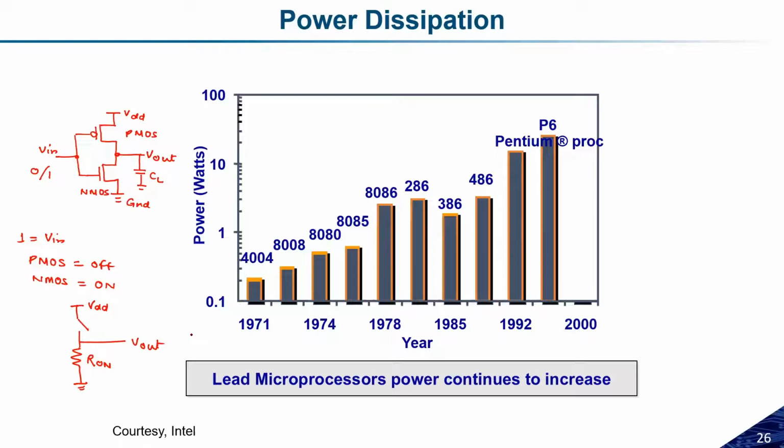Ideally we are expecting that this PMOS transistor will be in the off state or open state, and the NMOS transistor will be in the closed state, or there will be some path. And I'm assuming that there is no direct current flowing between VDD and the ground.